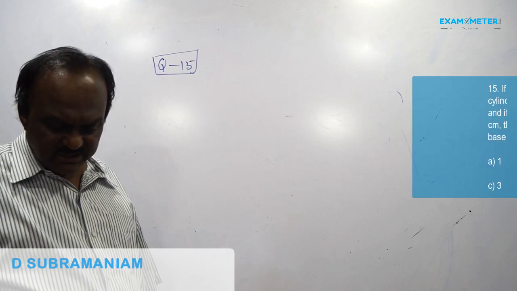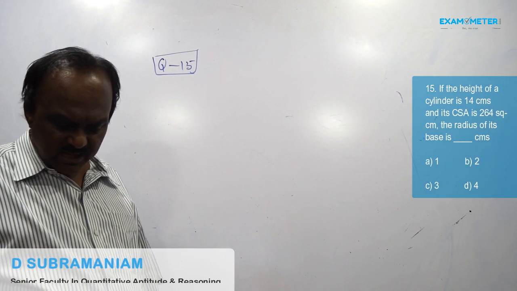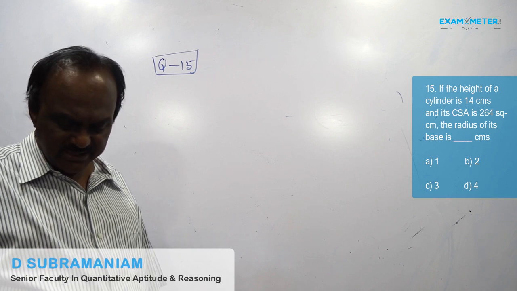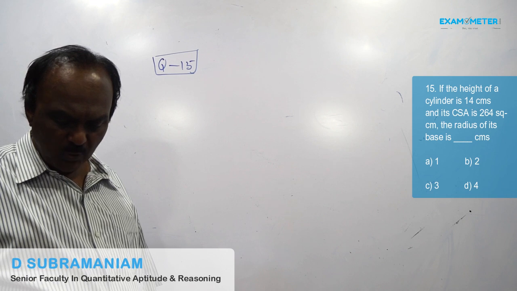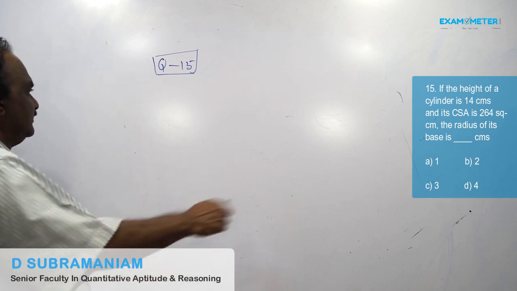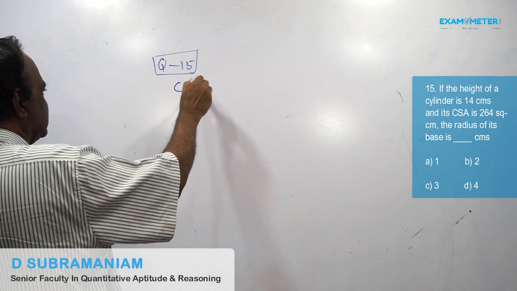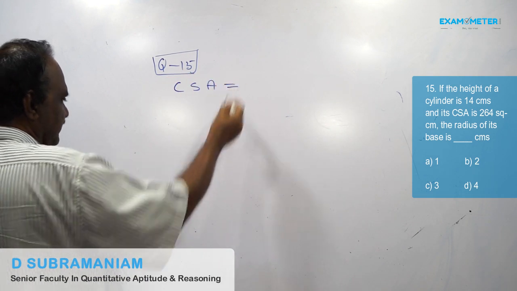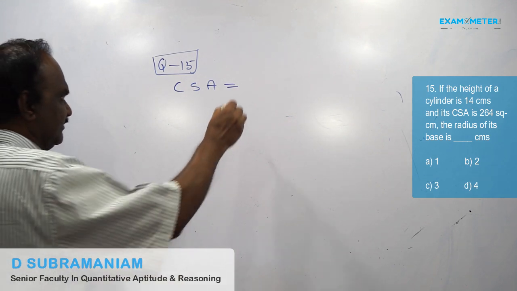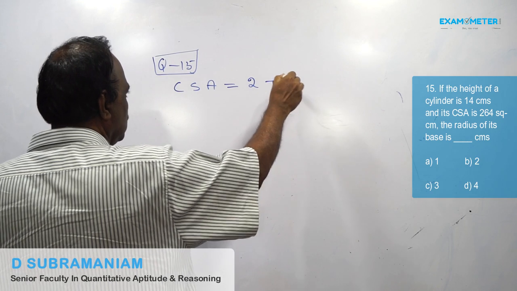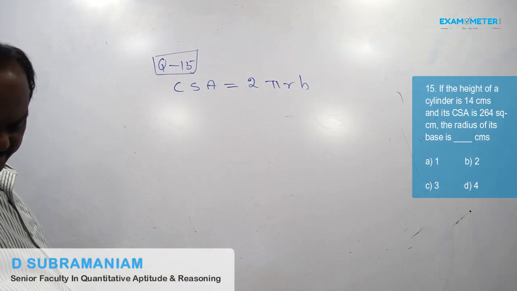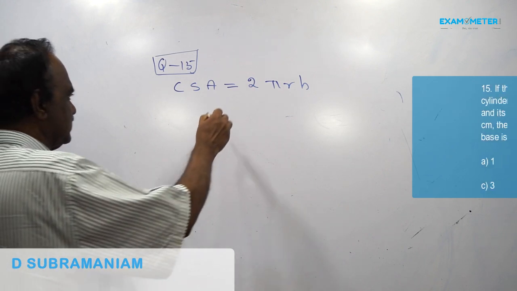If the length of a cylinder is 14 centimeters and its CSA, curved surface area, is 264 square centimeter, the radius of its base? Curved surface area of a cylinder is equal to 2 pi r h.